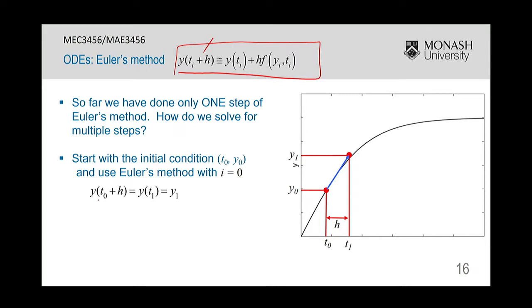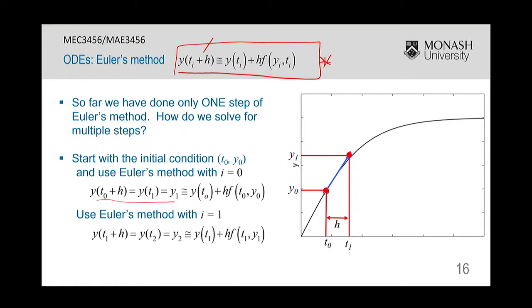So all of these three things here mean exactly the same thing. And based on Euler's method, that is equal to y of t0 plus h times f of t0, y0. So we go from this point and we jump up to that point there. Now that point there is not on the black line because there's an error involved.